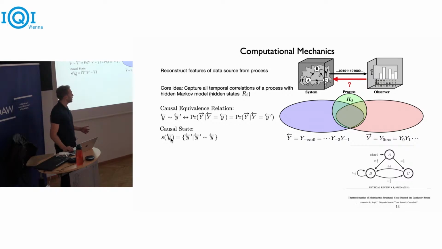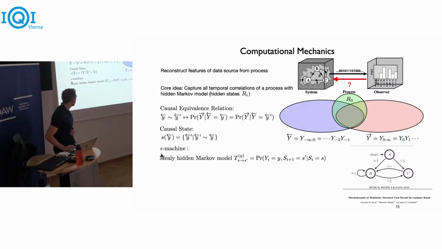So the causal state is itself a function of the past. And that allows you to construct this infamous epsilon machine. It's a Mealy hidden Markov model in that it transitions between hidden states, and conditioned on that transition yields an output. So in this case, we have A transitioning to B, and through that outputting a 1, A transitioning to B and outputting a 0.